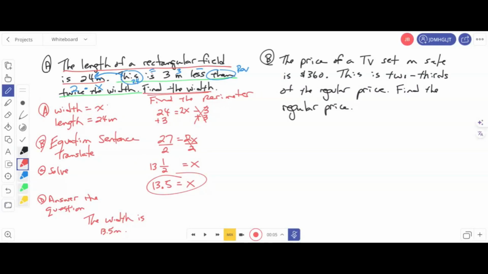Price of a TV set on sale is $360. This is 2/3 of the regular price. Find the regular price. So first thing we do is determine what it is they're asking us to do. They want us to find the regular price.